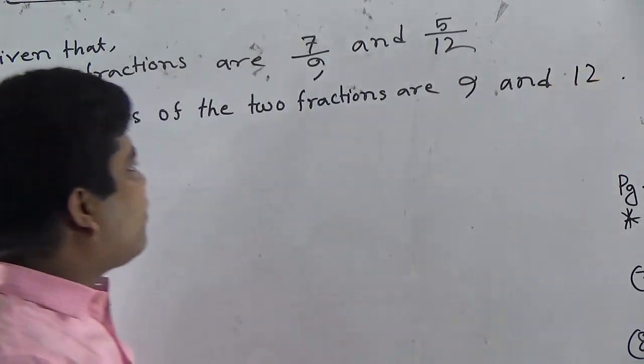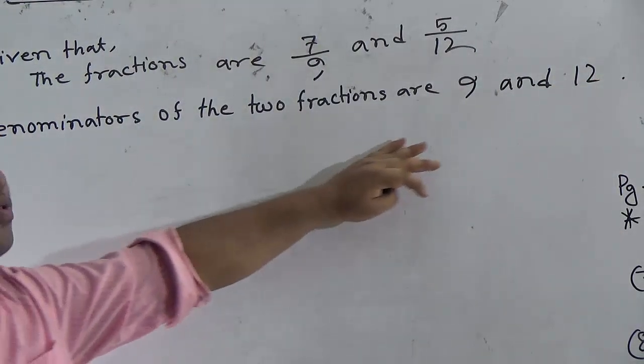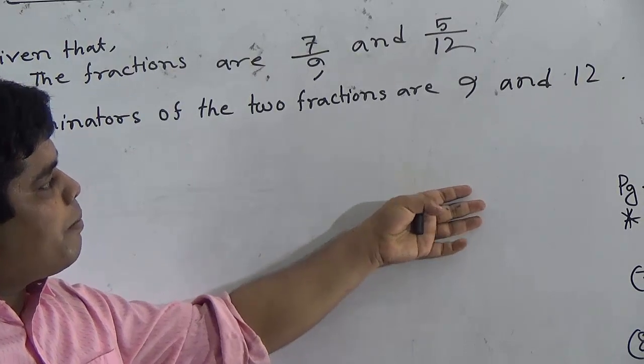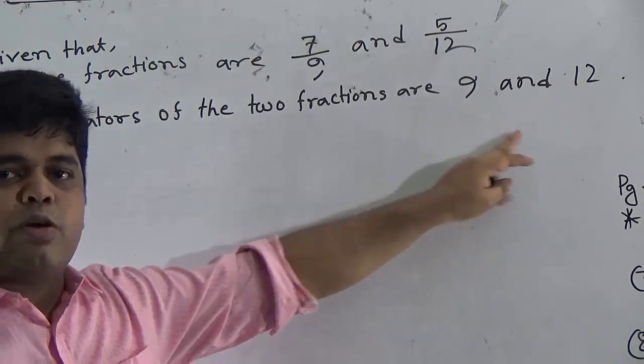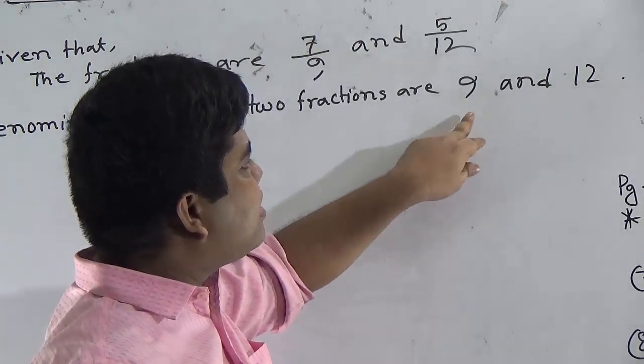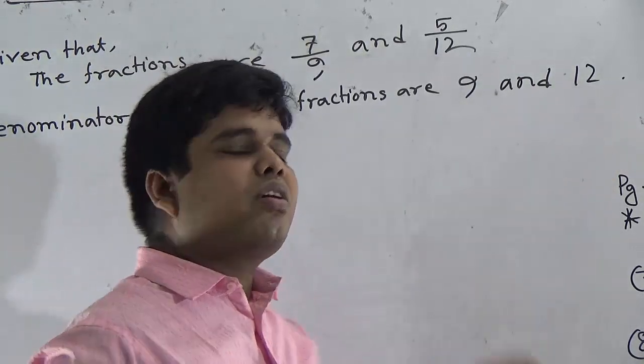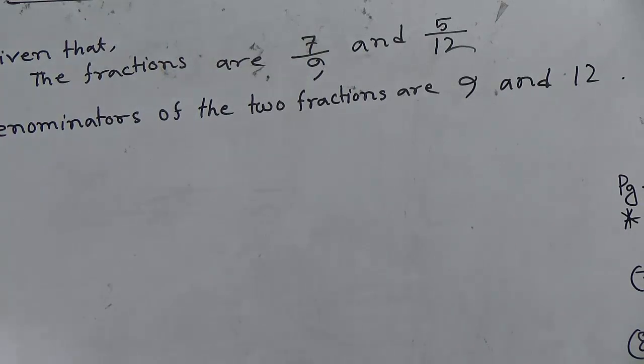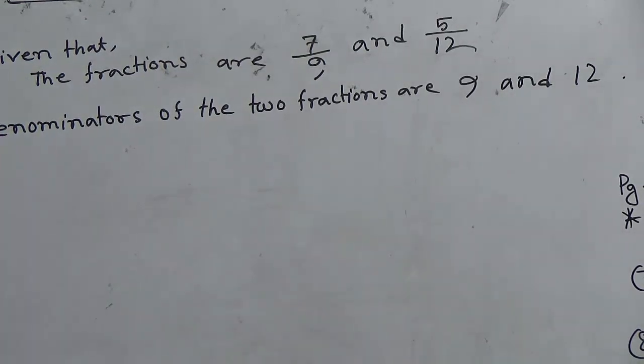So after finding the denominators of the two fractions, we find out the LCM of the denominators. That means we want to find out the LCM of 9 and 12. So how can we find out the LCM? In rough, we find LCM in rough.